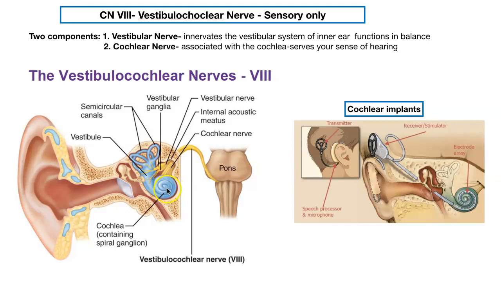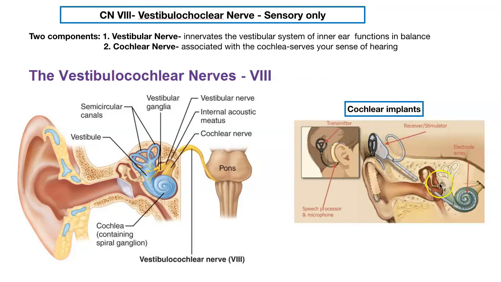And here's the cochlear part. It's going to the cochlea. This is how you hear. So cochlea, hearing, these are both sensory. And this is showing you cranial nerve number 8. It's right at the intersection of the pons and the medulla right here. And maybe some of you have heard of cochlear implants.